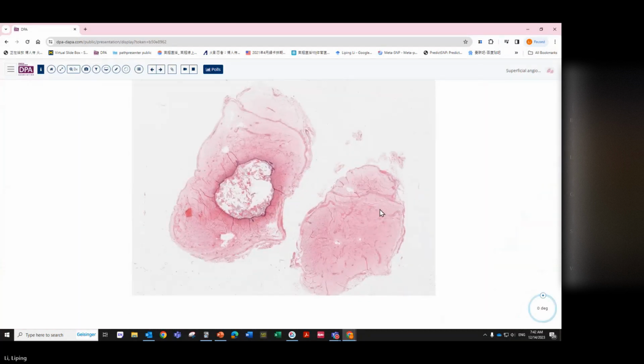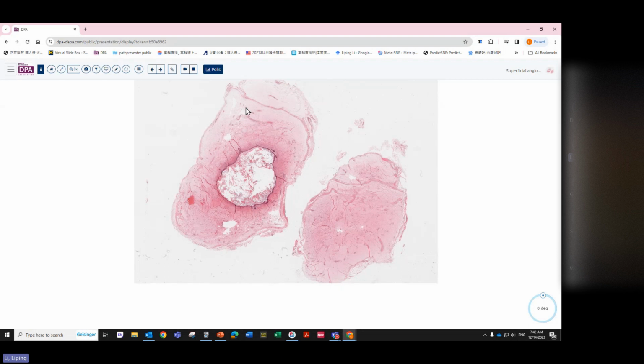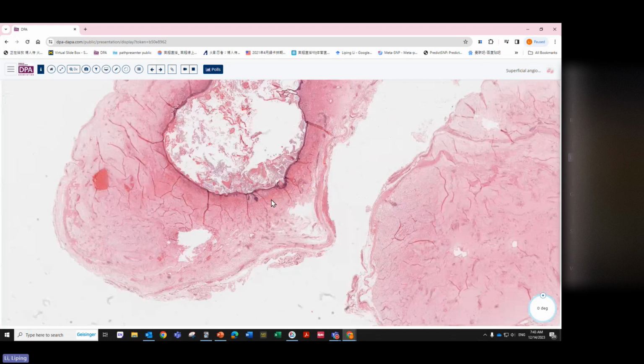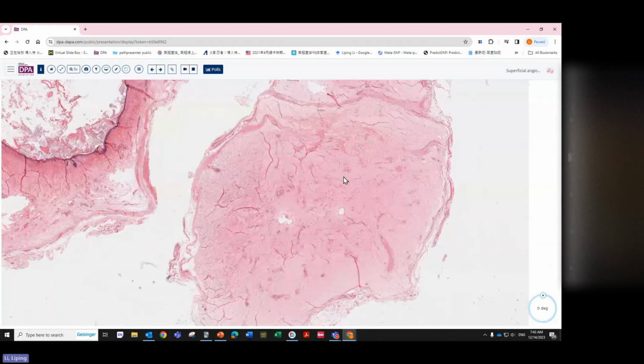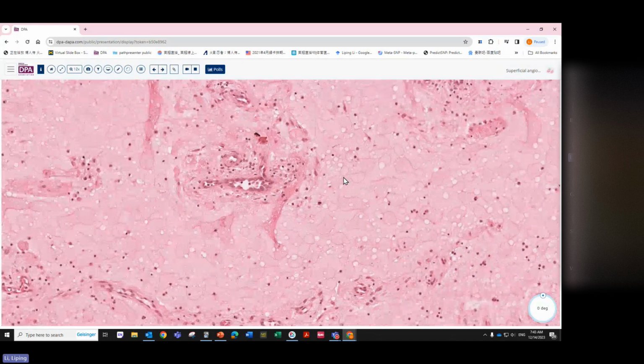Another one looks quite similar. Multinodular growth separated by this fibrous septae, hypocellular, and also not tons of blood vessel, and then entraps epithelial element, looks like a cyst. And we zoom in to see this bland-looking spindle cell.